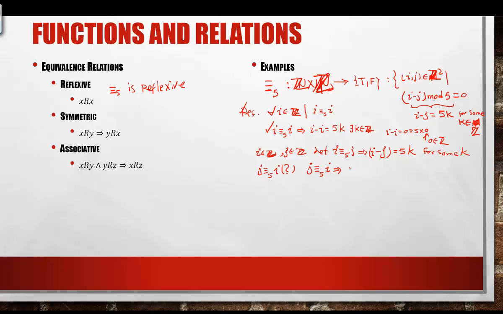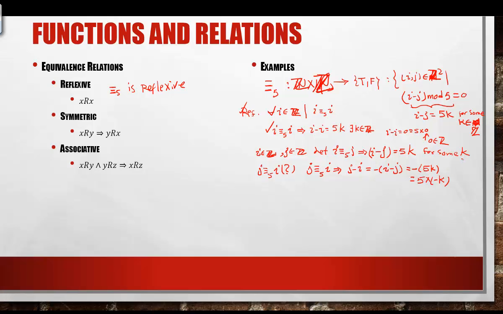this yields j minus i, which is the negative of i minus j, which is the negative of 5k, which is 5 times negative k.